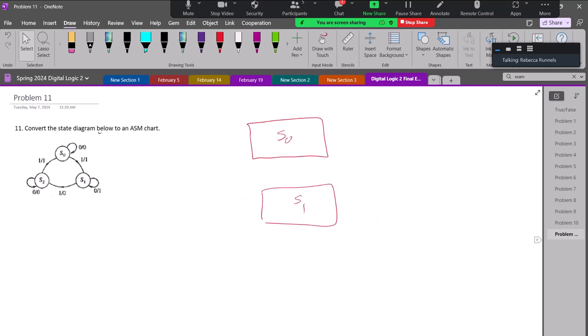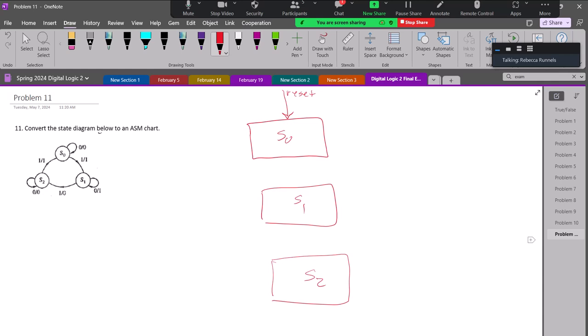I decided on this one that I wanted to make this the reset, so I'll put a reset here. And this one is Mealy, so I don't put my outputs on the states. I'm going to put my outputs in little ovals.